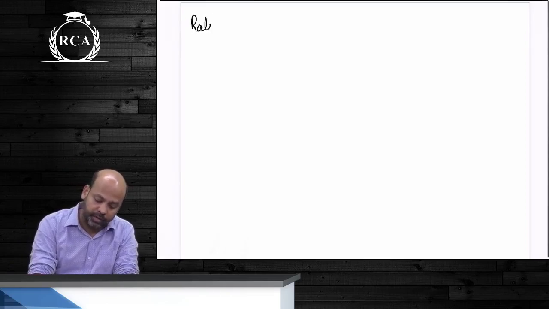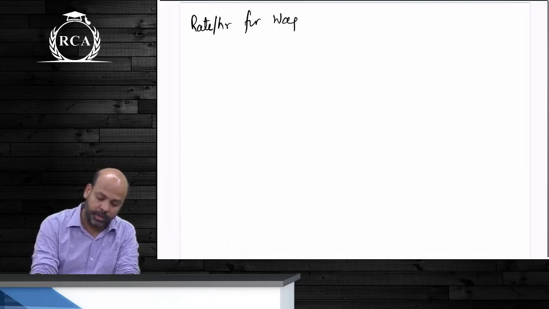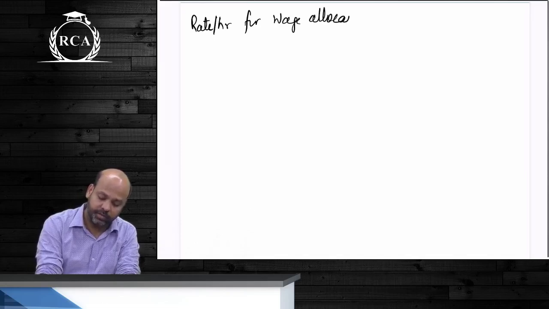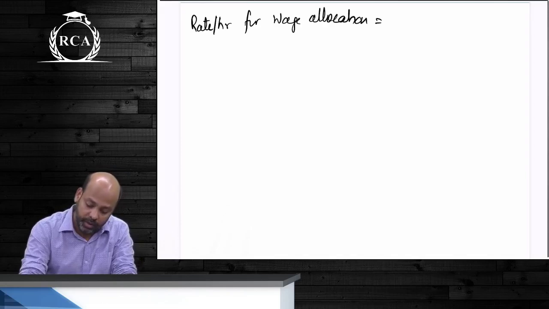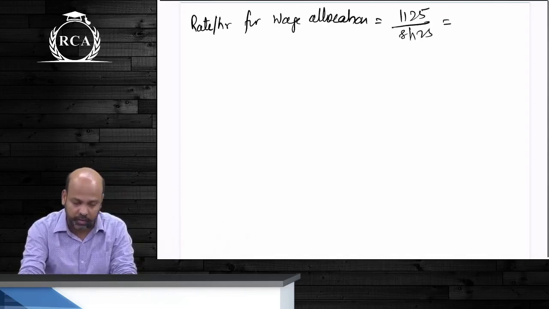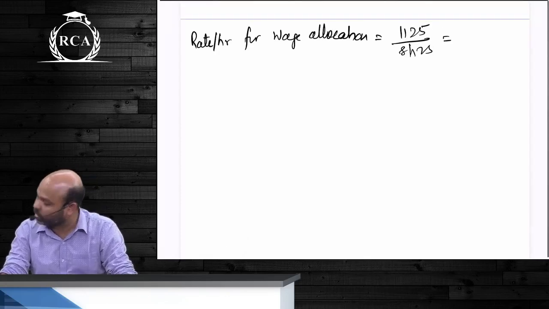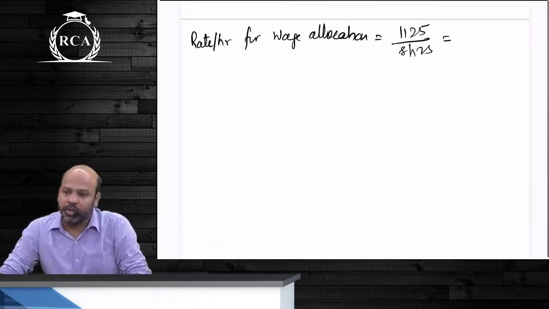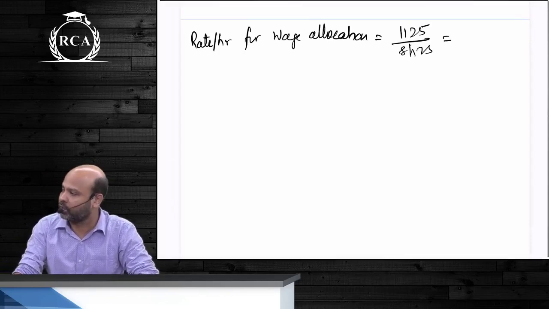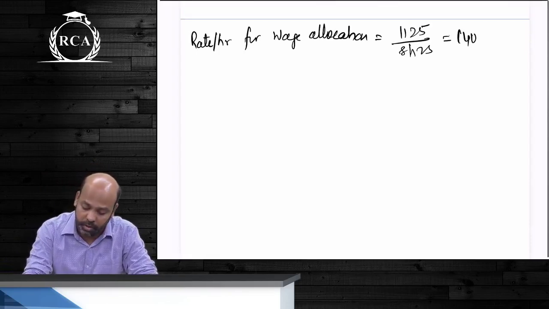Rate per hour for wage allocation will be, what will you write? 1125 divided by 8 hours. How much will that be? 140.625.